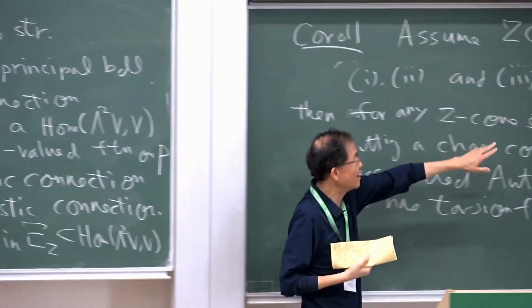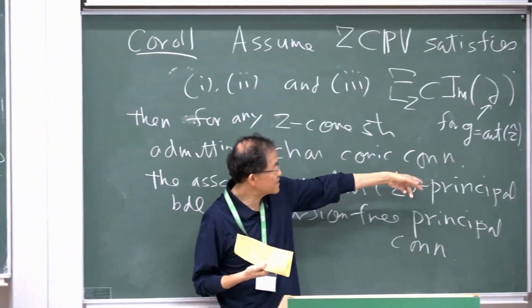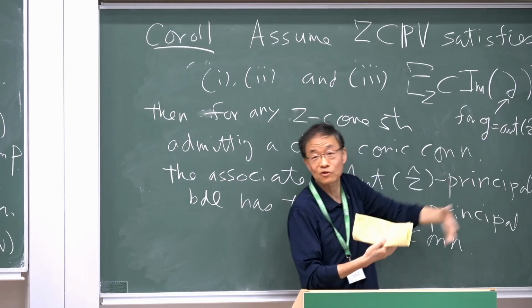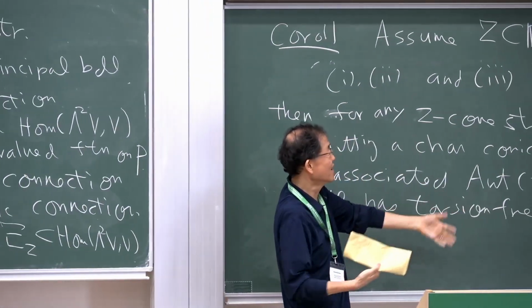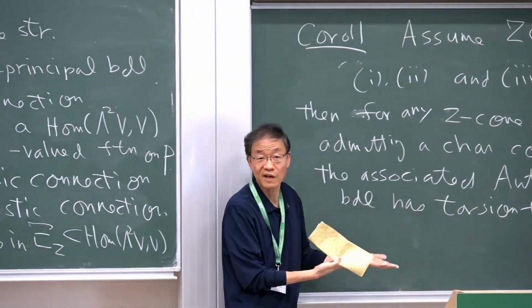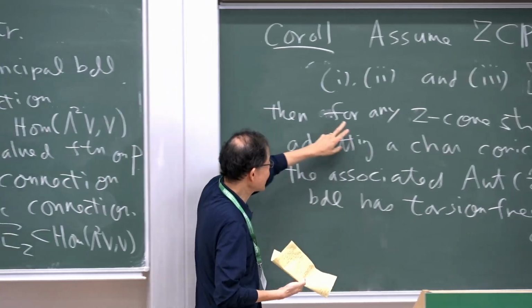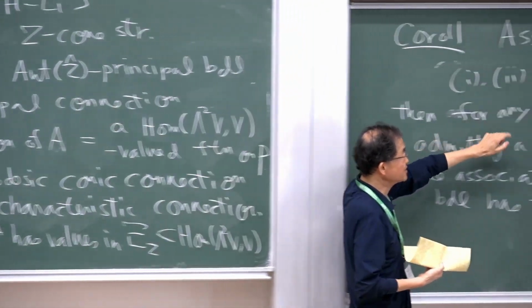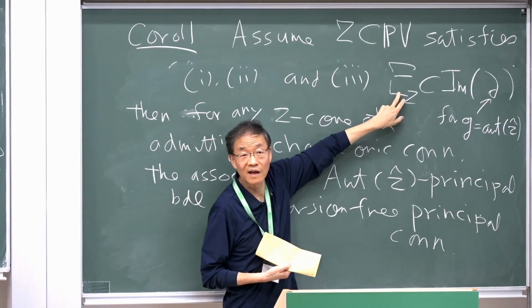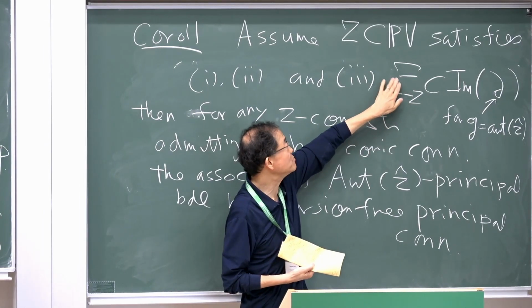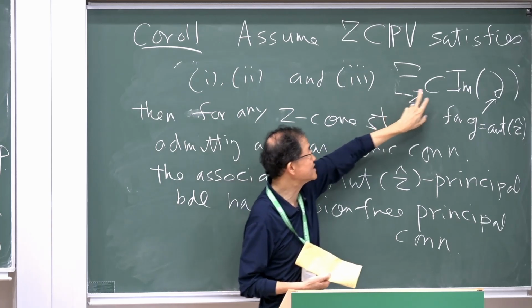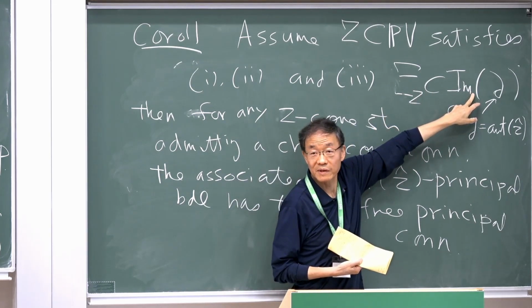This is because if a principal connection has a torsion inside the image of the Spencer operator, then you can choose a new connection which is torsion-free. Now, if it's a characteristic connection, by this theorem the torsion must lie inside this space. But by the assumption on the geometry of this projective variety, this space is inside the image of the Spencer homomorphism.